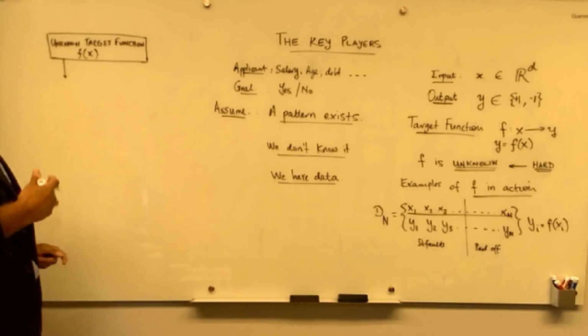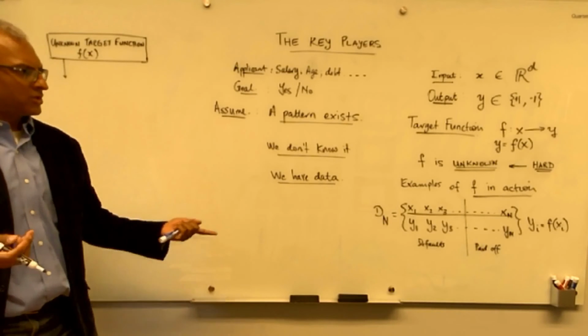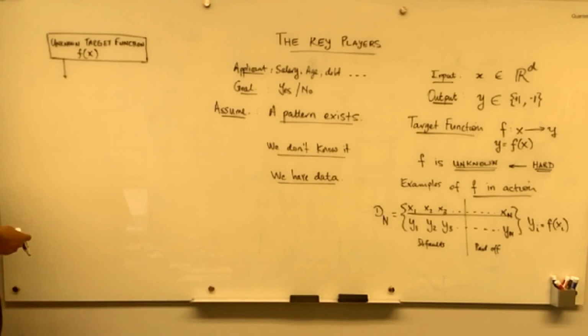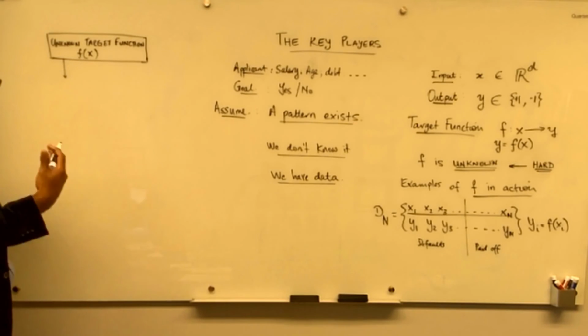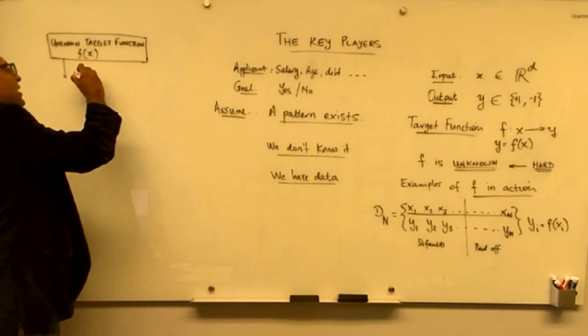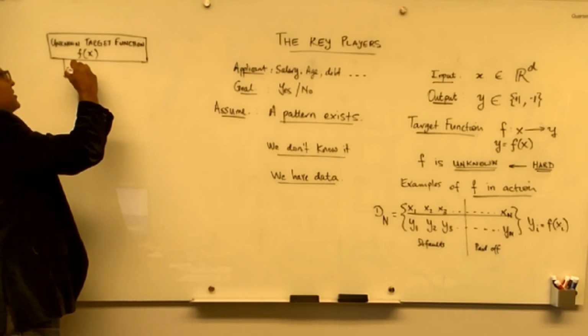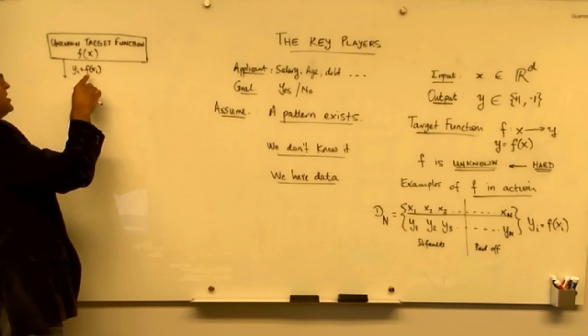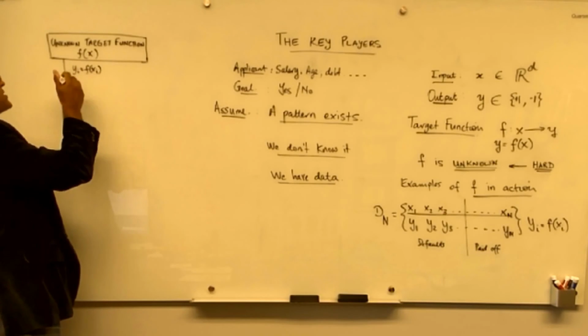We don't explicitly use it, but we indirectly use it. For example, in this credit card approval. So we indirectly use it, or we basically assume it has been used in order to get my data set, which is yi equals f of xi. Now I don't see f, but what I see is the result of applying f to xi.